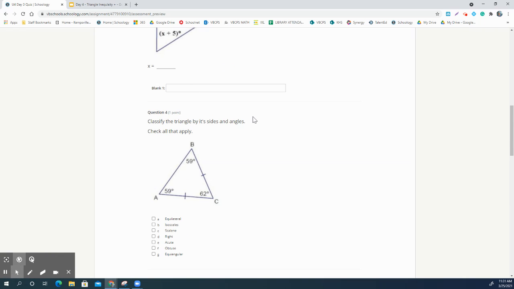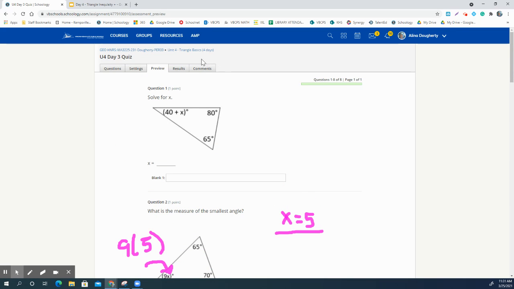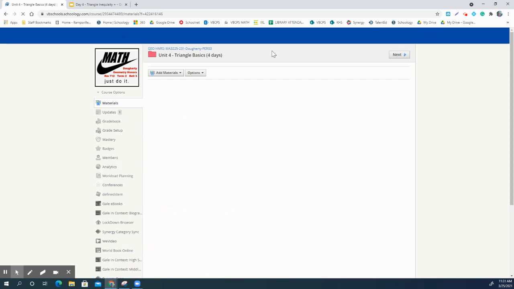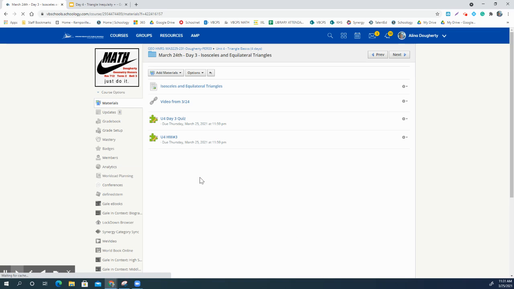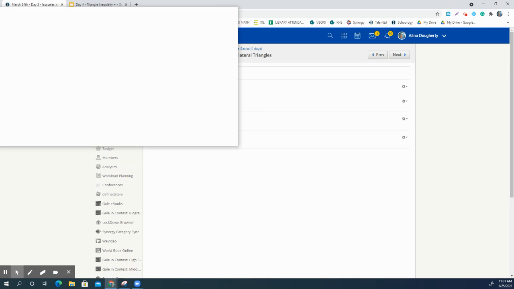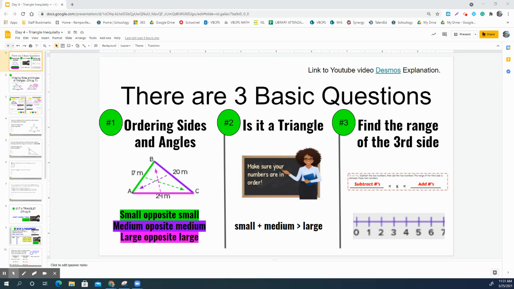Then let's jump over to the homework because there are 3 questions I wanted to talk about on the homework. So if we go back over here, and I'm still in March 24th. Yesterday's homework. I'm going to take it over here to open it so nobody can see anybody's scores.